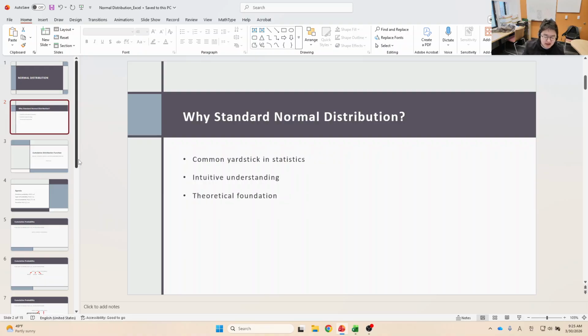Still, if you want, you can just learn how to calculate probability for any generic normal distribution that is not standard. That is possible and it's pretty easy, but I don't recommend that for now because it is not about computation, but it is about developing your intuition and understanding.